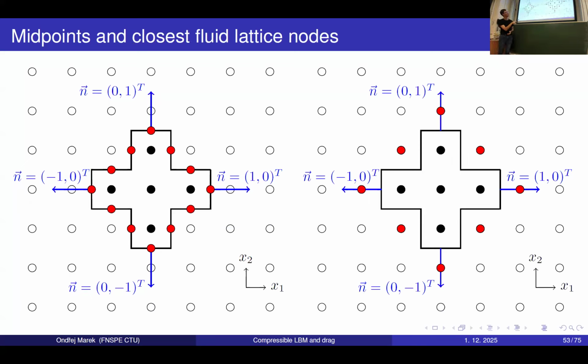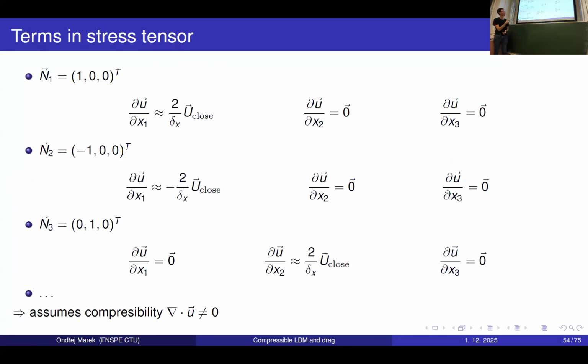And for these, we look at the closest lattice side where we know the macroscopic variables, where the fluid is. And from these sides, we have the closest macroscopic velocity we know.